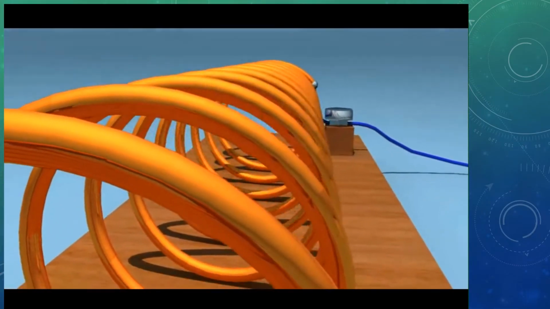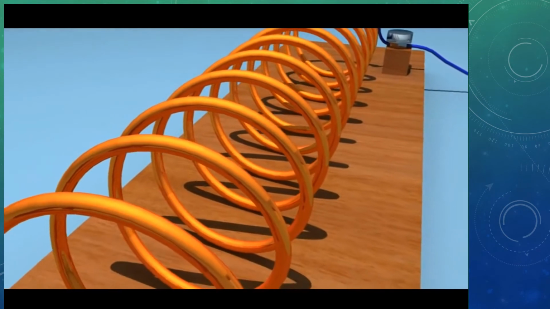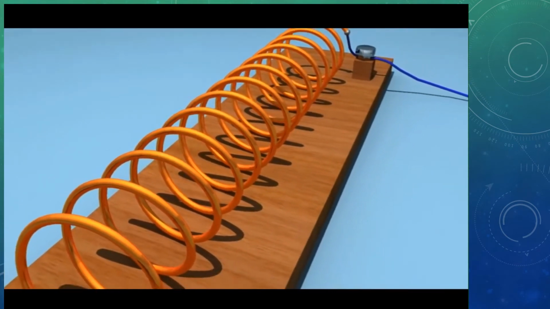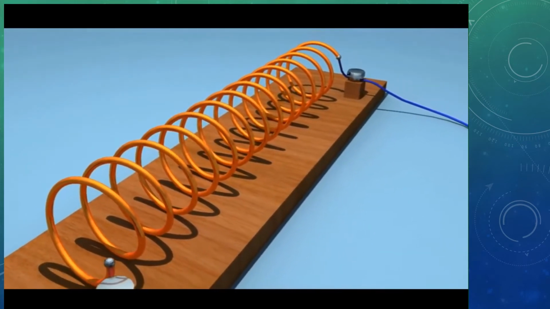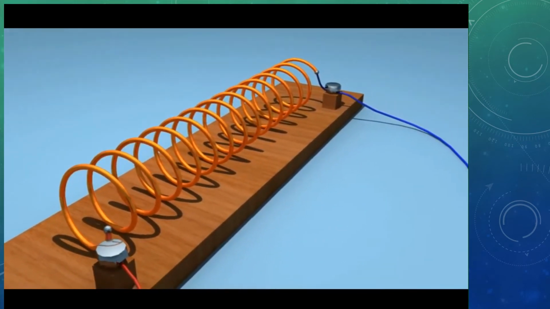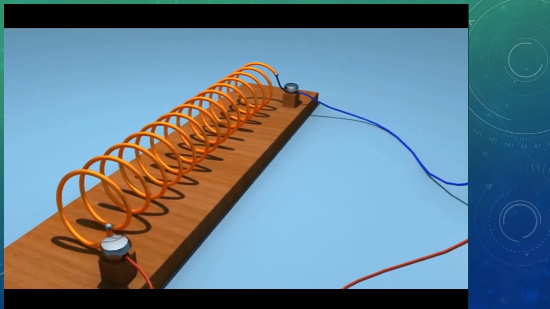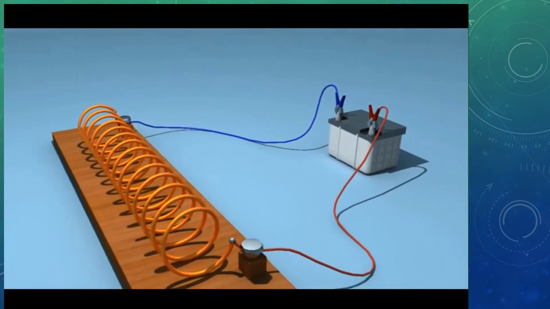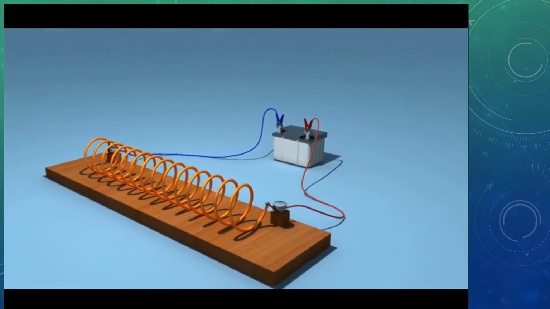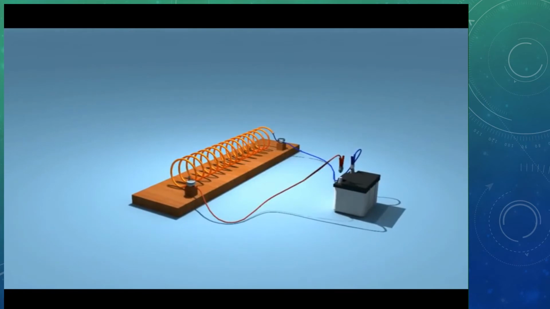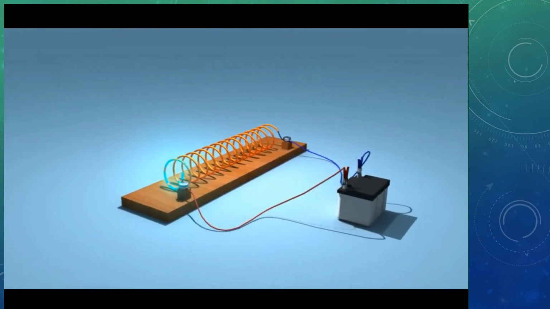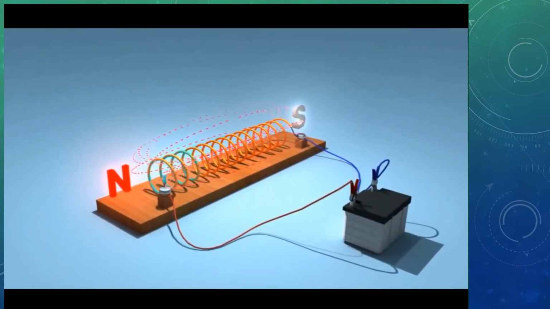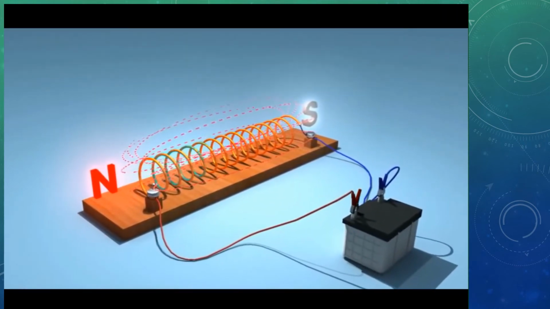Take a long coil with many circular turns of insulated copper, wrapped closely in the shape of a cylinder. This type of coil is called a solenoid. The electromagnetic effect of a solenoid is used in several appliances. Let us pass electric current through the solenoid and observe the pattern of magnetic field lines demonstrated here.